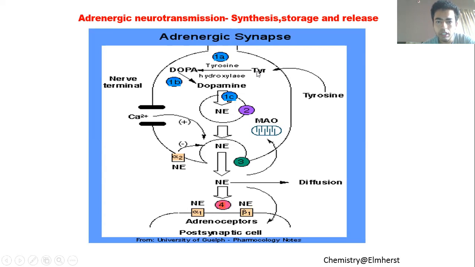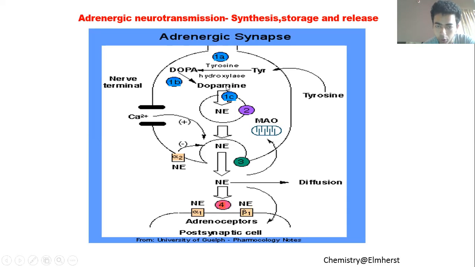Now this tyrosine is converted to L-dopa, that is dihydroxyphenylalanine, in the presence of an enzyme called as tyrosine hydroxylase. So now this L-dopa which has been formed again, it will get converted to form dopamine in the presence of an enzyme called as aromatic L-amino acid decarboxylase.